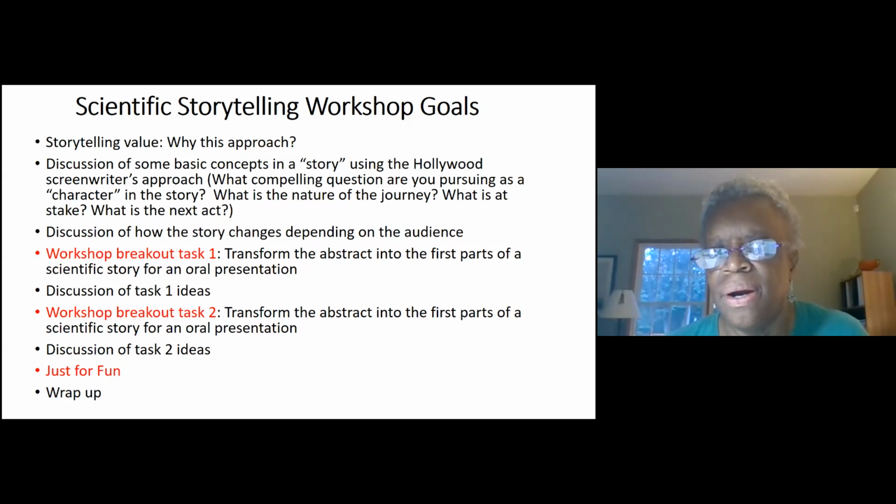And there are ways of thinking about telling a story, which will include: what's the compelling question that you're pursuing? You're the character in the story, and how do you make someone actually care about you as the character in the story? And what's the nature of the journey that you're taking as you talk about the work that you do? What's at stake?